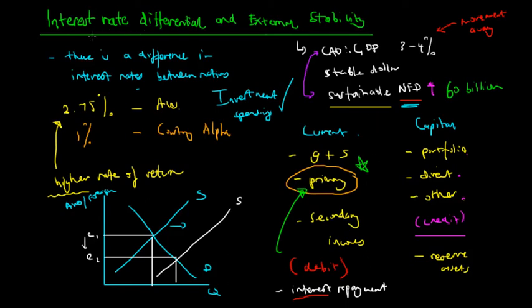And so when there's a high interest rate differential, I'm just going to tick this. When there's a high interest rate differential, there's a movement away from external stability. And when there is a low interest rate differential, external stability may be achieved. But there must be nuances to this analysis that we must note, in that sometimes a high interest rate differential does not necessarily mean a bad thing.